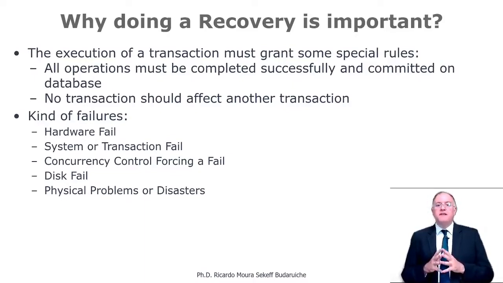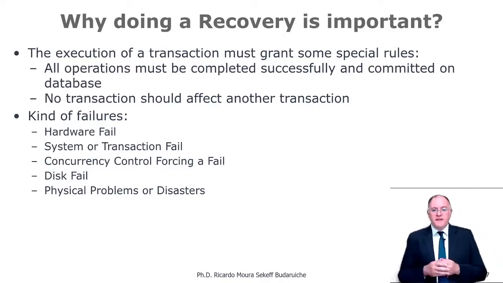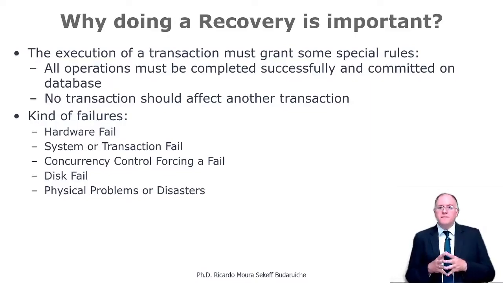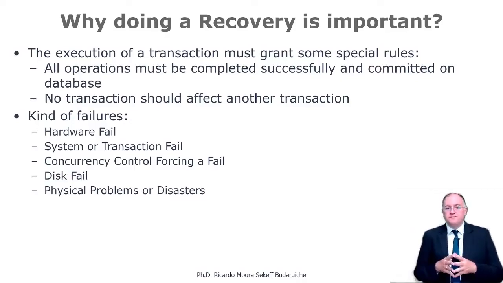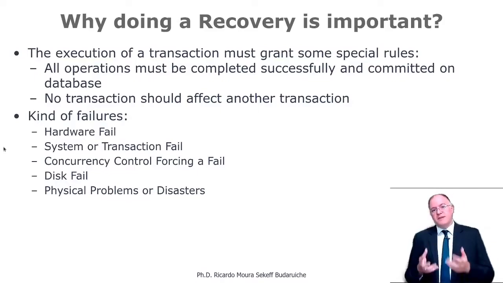Some kinds of failure that a database system can suffer are hardware failures, system or transaction failures, a failure forced by the concurrency control, and hard disk failures and disasters. Some of them are controllable failures, but others are unpredictable, so we must pay attention to that.